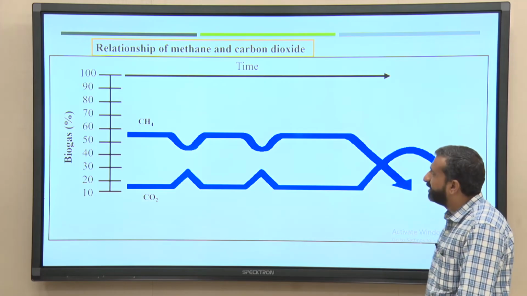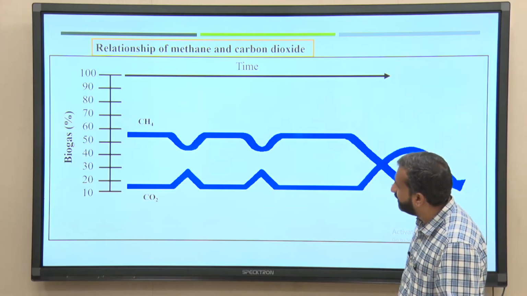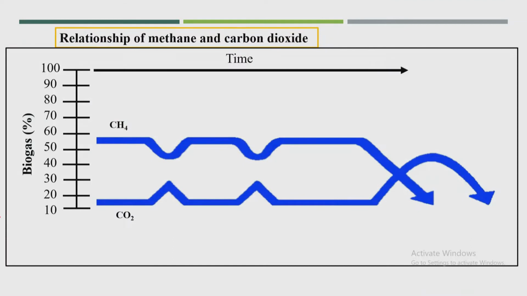When you see the relationship of methane and carbon dioxide, this is time versus biogas. The methane percentage is higher and the carbon dioxide percentage is low, and you see there is a change, a drop in methane and an increase in carbon dioxide, in two different places because of feed.